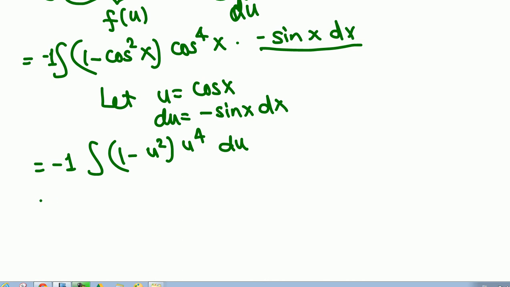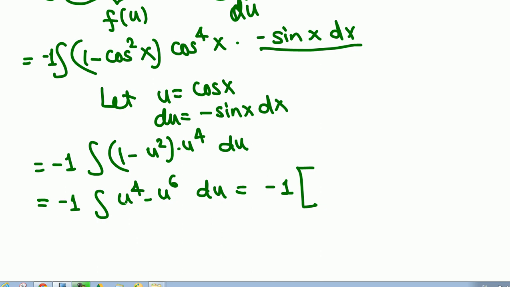Okay, so negative 1 outside, integral of, let's get rid of this product, u to the fourth times 1 is u to the fourth, minus u to the fourth times u square is u to the sixth, du. Negative 1 outside, antiderivative of u to the fourth, power rule, u to the fifth over 5 minus u to the seventh over 7, plus c outside.